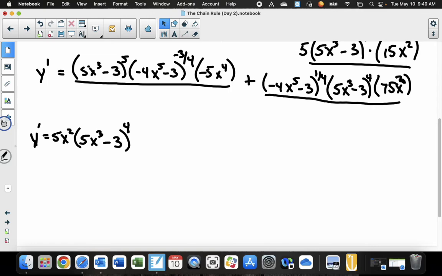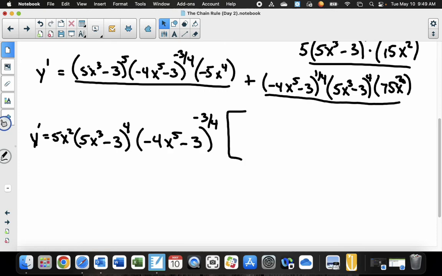I'm going to factor out the one with the negative 3/4, and I'll show you in a second how that affects the one that's raised to the 1/4. So there's our common factors, which means now here come the brackets.